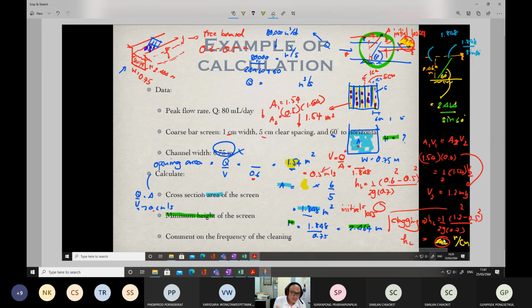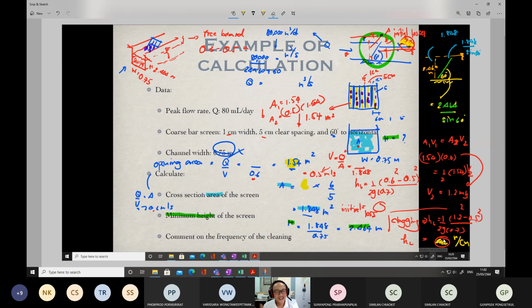But sometimes the trash that comes along with the water is quite small. Even after 3 days, 4 days, the head loss never reaches the maximum value. Anyway, we don't wait such a very long time because there might be some accumulation. So every 2 days, 48 hours, we have to clean them once.